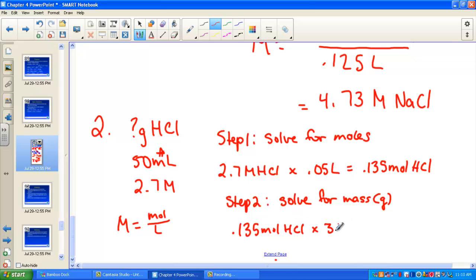Adding an H to a Cl gives us 36.5 grams per mole. That's our molar mass expression. So our old-fashioned mole map work. Mole times molar mass, and what do we find? 0.135, whoops, times 36.5. Let me repair that on my calculator. And I find 4.9275. Let's carry 3 sig figs, so 4.93 grams of HCl.